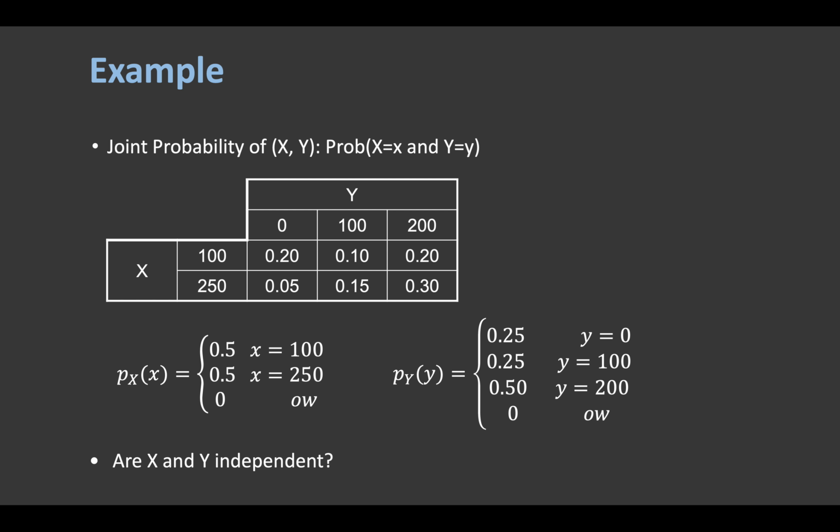Like I said, if we want to find independence, we need to calculate every one to make sure this is right. Otherwise, if any p(x, y) does not equal p_X multiplied by p_Y, then they're not independent, they're dependent, right? So I'll give you a few minutes to calculate. You can pause the video, take a few minutes and calculate. Try to find out if they're independent or not, then come back.